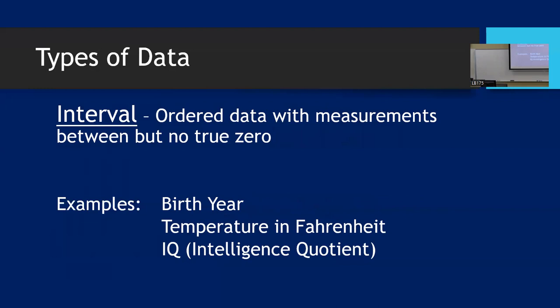So if it has a numerical ranking, then you could claim that that's quantitative. But where we really get into the quantitative realm is in the interval. Interval is ordered data with measurements, but we don't have a true zero.